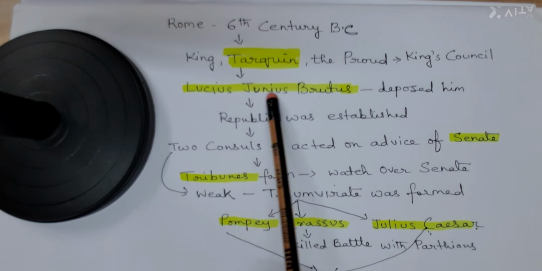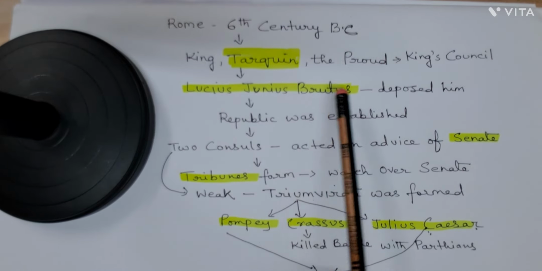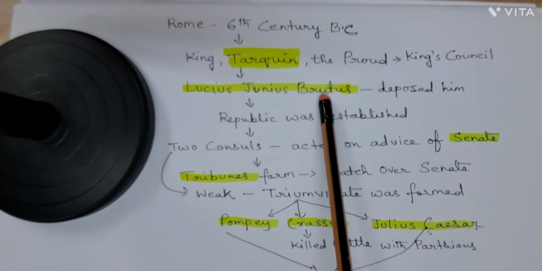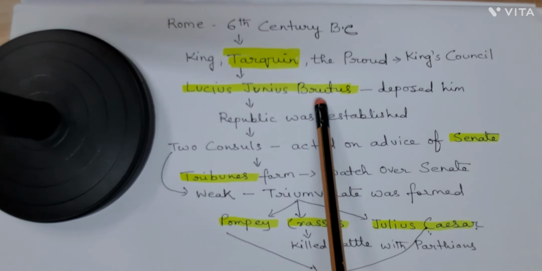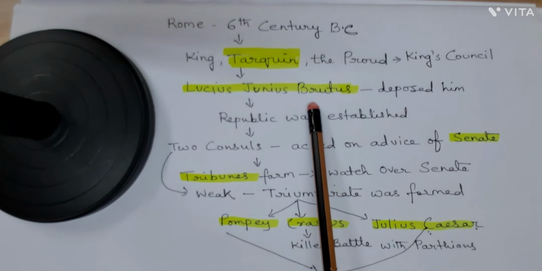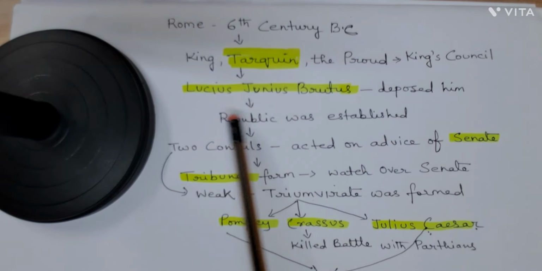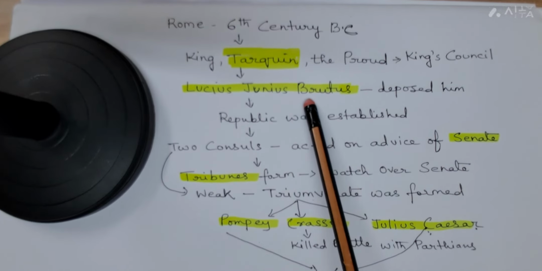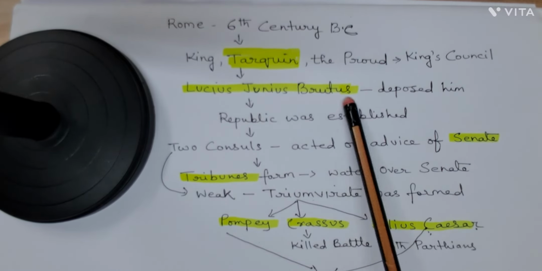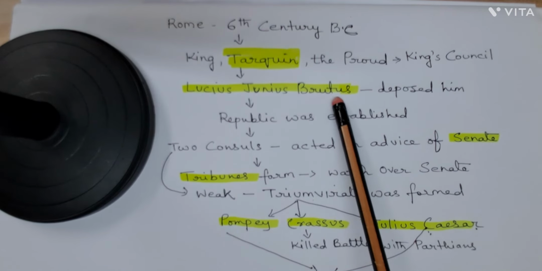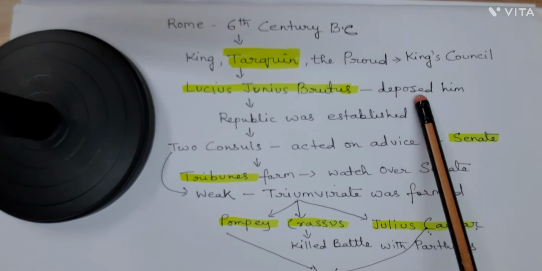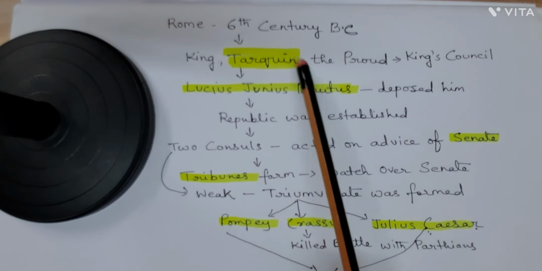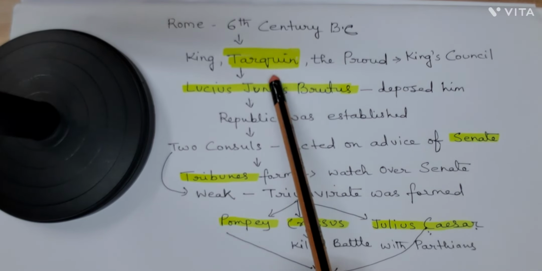Next, under the leadership of Lucius Junius Brutus, this Brutus is the ancestor of Marcus Brutus, that is the Brutus that we see in the play. So this man is actually the ancestor of our Brutus. Under his leadership, people deposed Tarquin, defeated him and got rid of him.